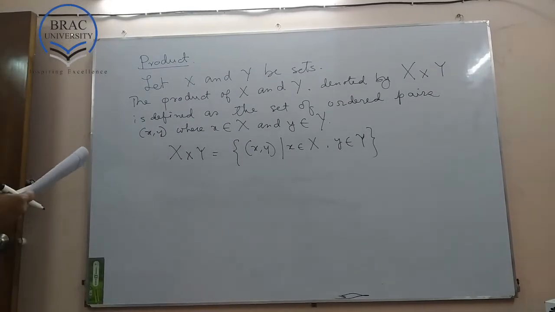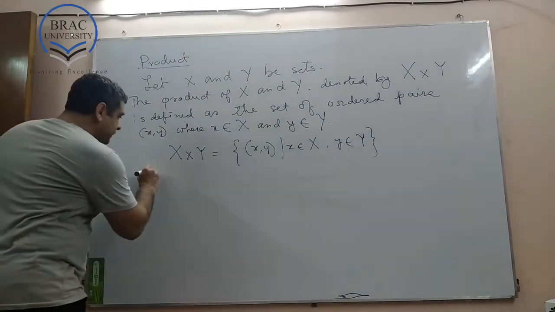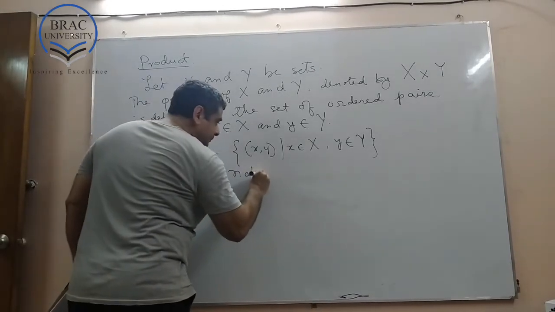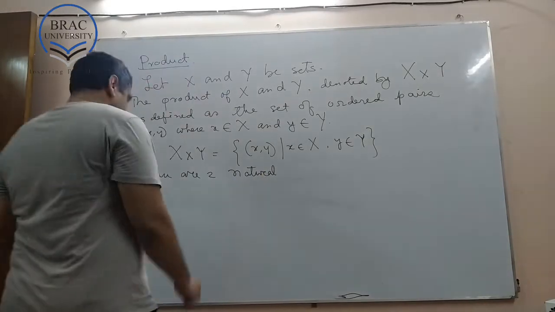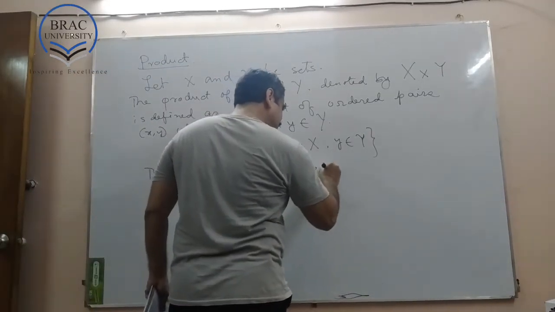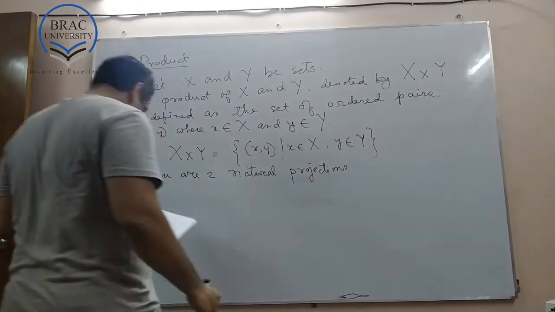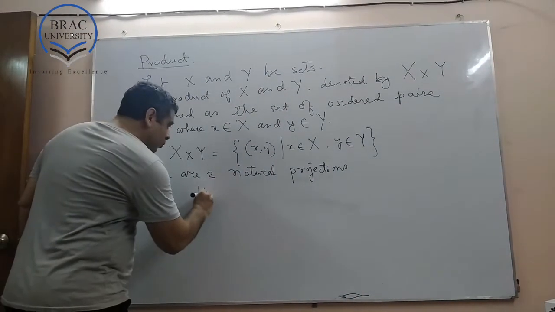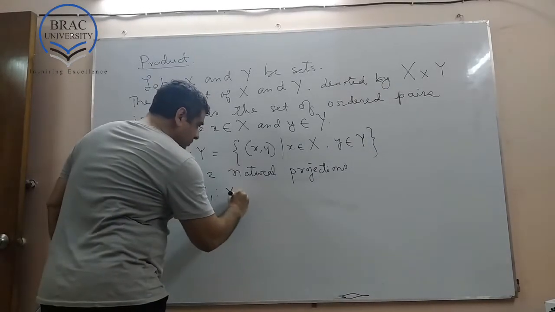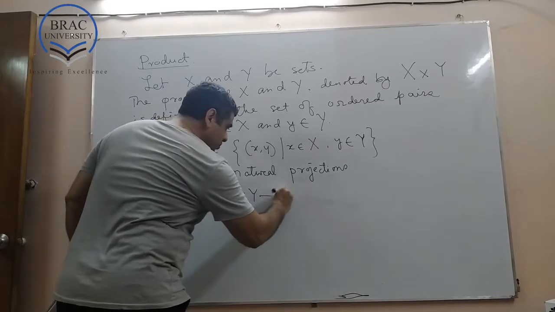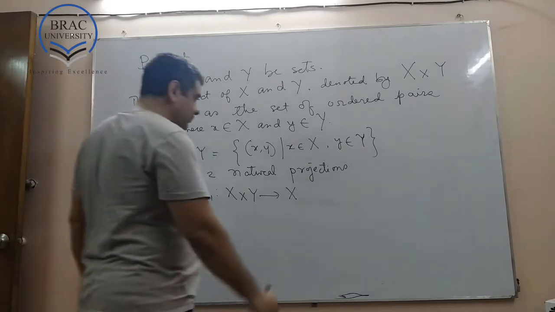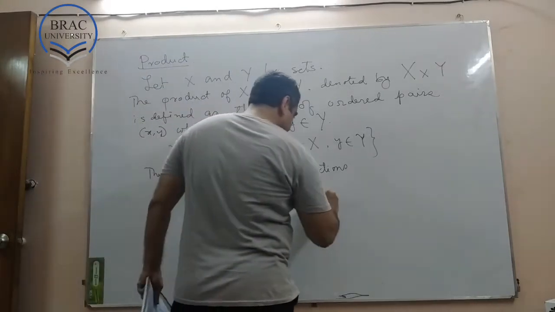So there are two natural projection functions. The first, phi 1, goes from X cross Y to X. How is it projected to X?